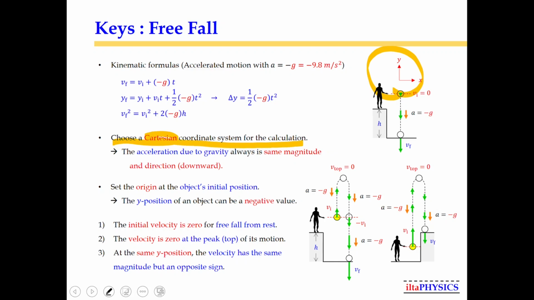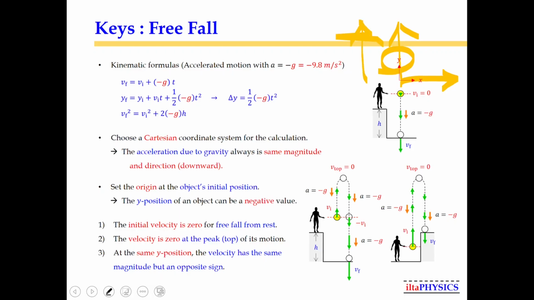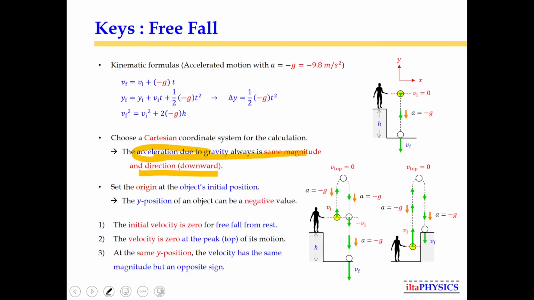This means we naturally define the positive direction as to the right horizontally and upward vertically. Since we are focusing only on vertical motion today, we will set the upward direction as positive. This also implies that the direction of gravitational acceleration is negative. When we plug it into our equations, we must use the value minus g. Please keep in mind that in our calculations, gravity will always be negative 9.8 based on this coordinate system.